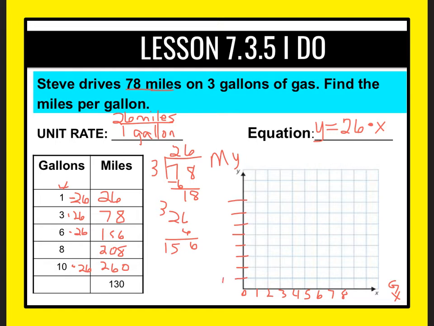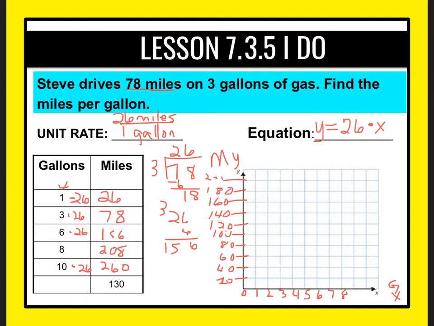And I can hopefully grab a few. Maybe not. I may have to go by 20s. So 20, 40, 60, 80, 100, 120, 140, 160, and 180, and 200.